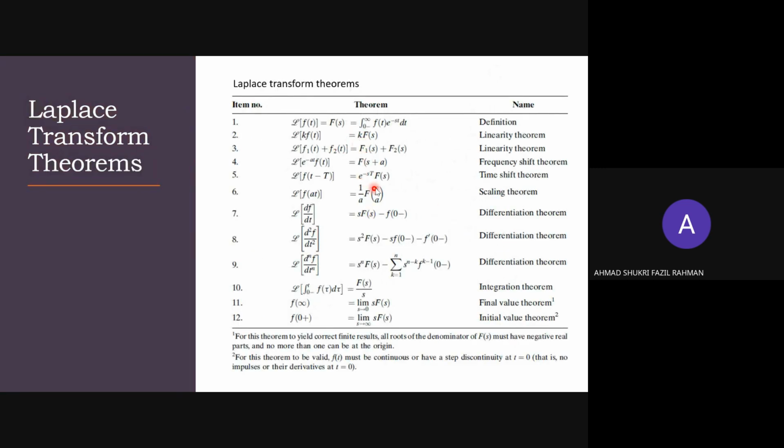And also we have characteristic theorems: what happens if the function is the addition of two functions, the time shift theorem, scaling theorem, and so on. So these would be the rules for the theorem part, the differential part.